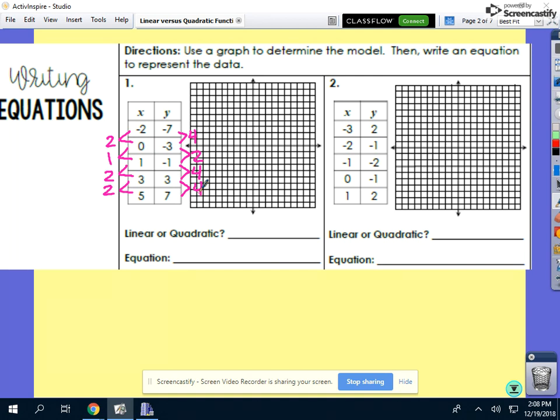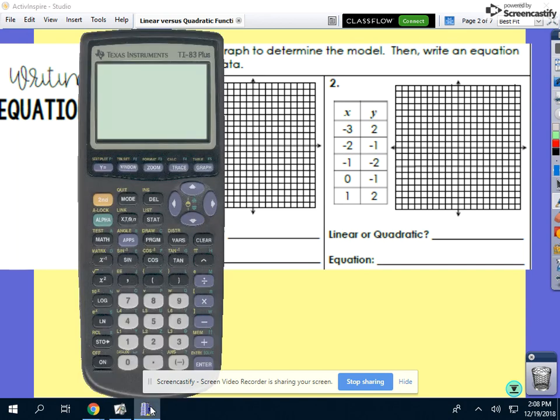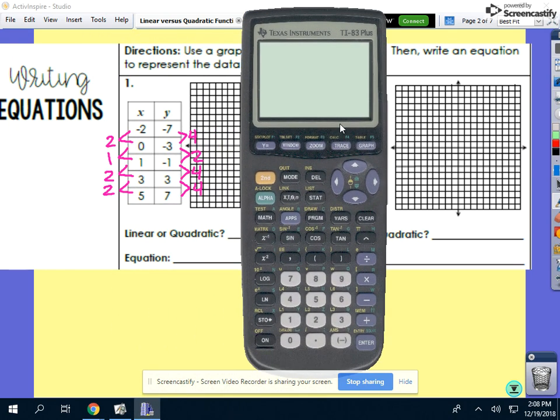Let's show how to look at this on a graphing calculator. You can input a table into your graphing calculator following these steps. After you've turned your calculator on, you're going to click Stat and then Enter. Your calculator screen should have an L1, L2, and L3 at the top of the screen.